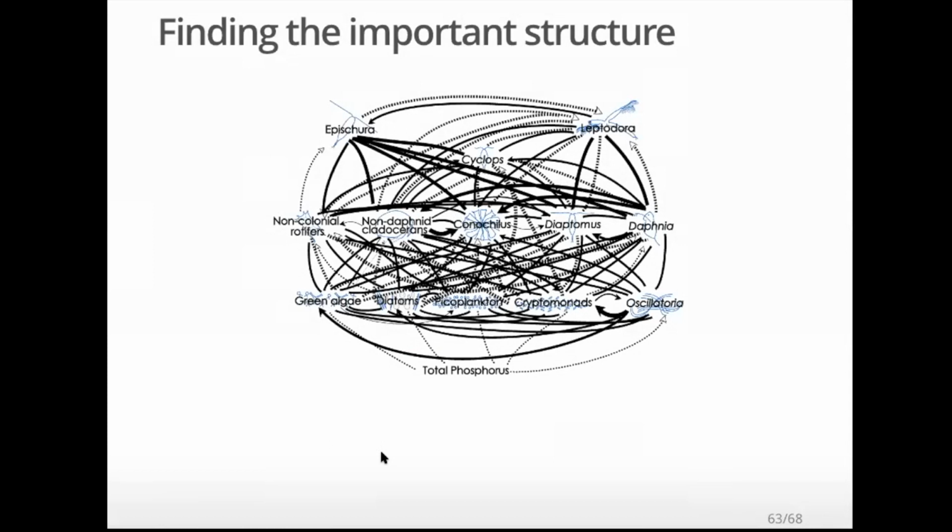Okay, so the last example that I want to talk about, of the ways that you can use this, is, I mentioned in the beginning, it can help you figure out what the important interactions are. So you start out with a cartoon like this. It's got all the linkages in there, and what you want to know is which of them can I effectively treat as zero, as if the two species don't interact.